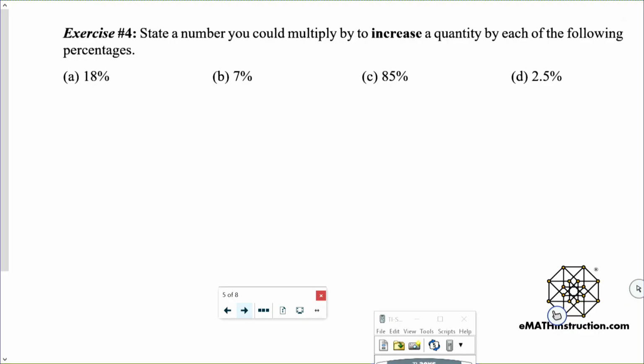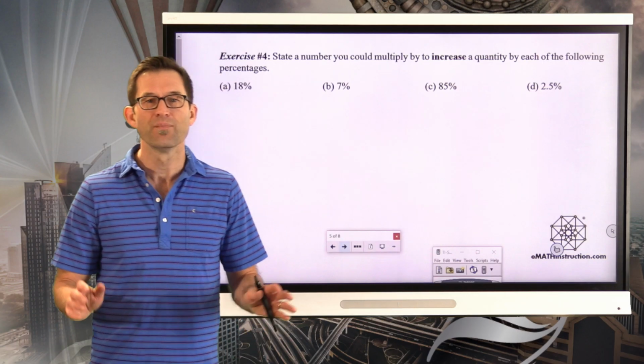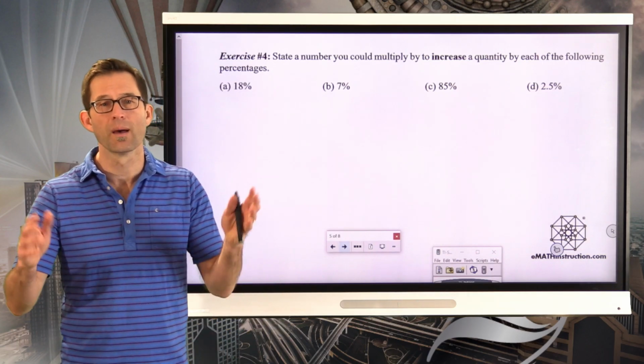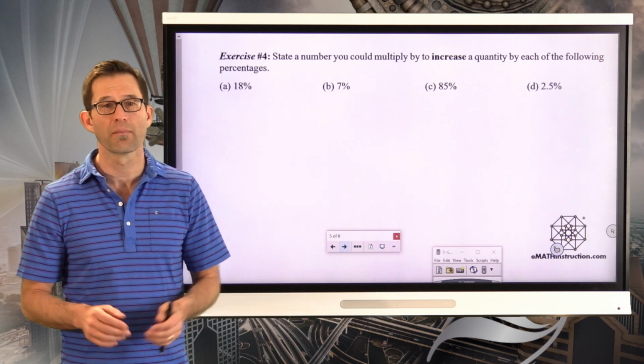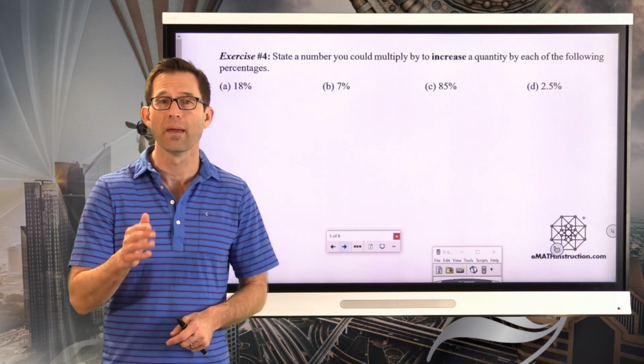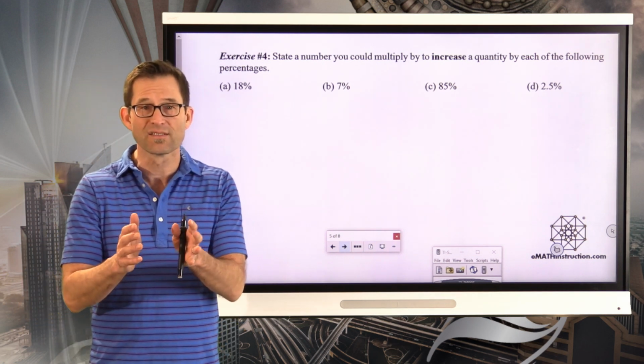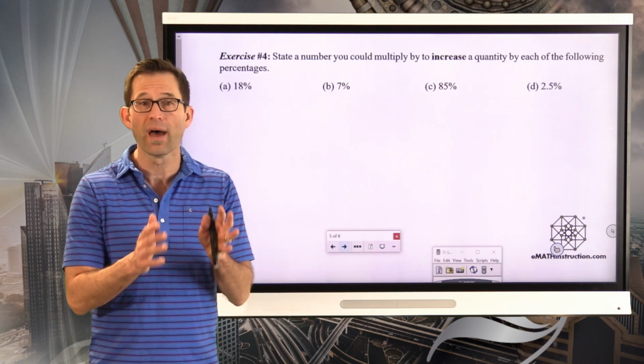Exercise number 4. State a number you could multiply by to increase a quantity by each of the following percentages. All right, this is cool. So again, like if I was asked to raise something by 18% or increase something by 18%, I could certainly multiply it by 0.18, get an answer, and then add that on. Okay, I could do that in 2 steps.